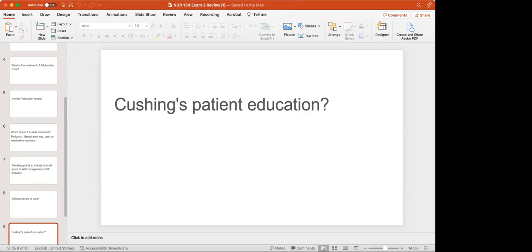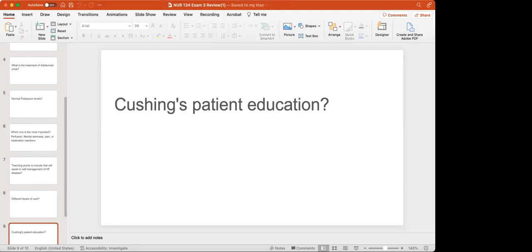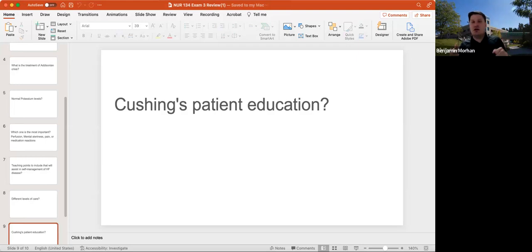Yes, infection. So remember, if right now I had stress, increased cortisol, what is that doing to my blood sugar? Increasing it, right?